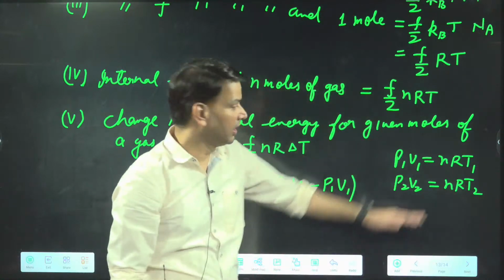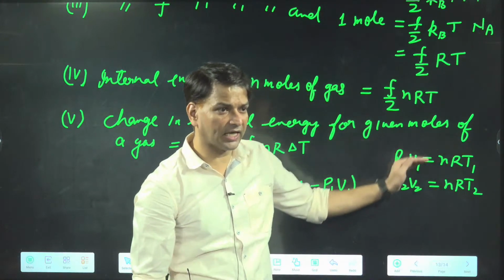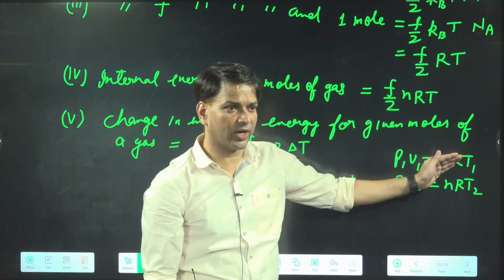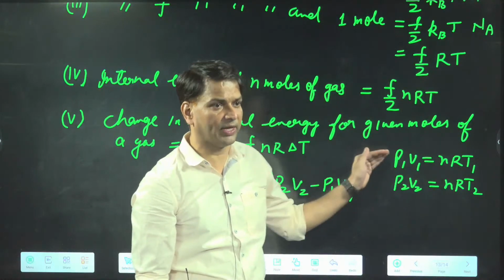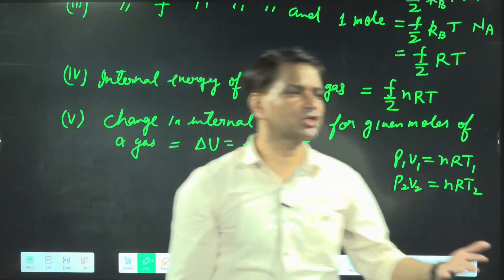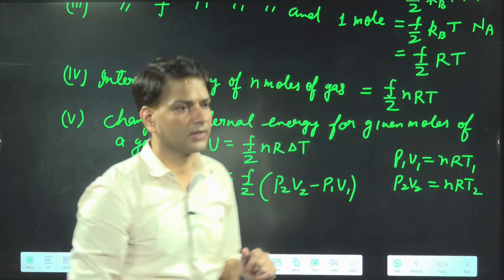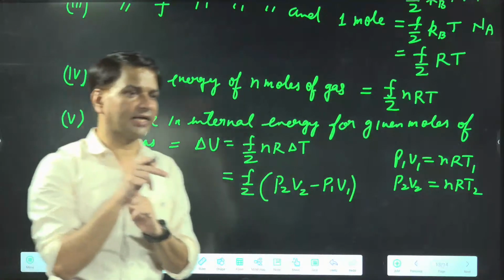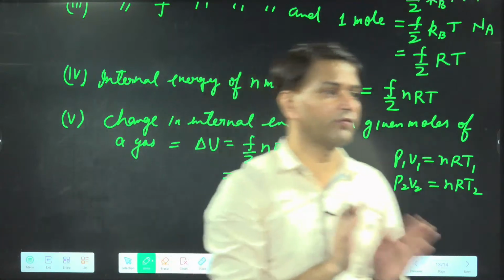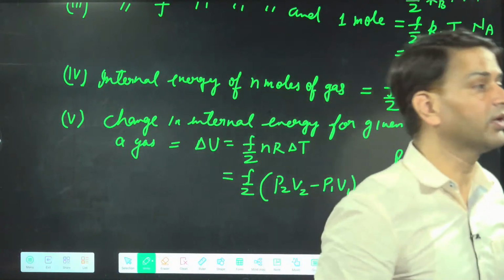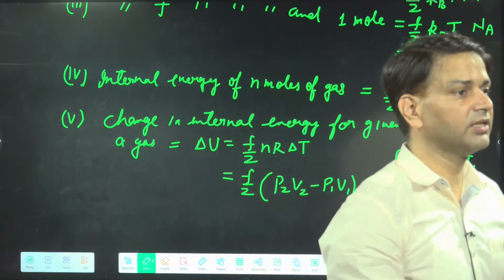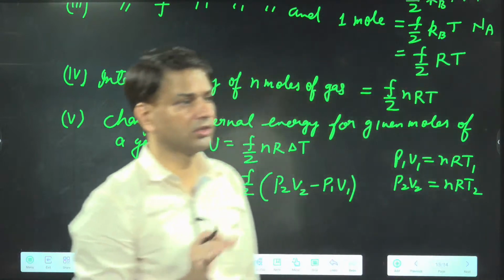Now subtract nR T2 minus nR T1. nR you can take common, T2 minus T1. So nR delta T is P2 V2 minus P1 V1. Now if pressure is constant, then P you can take common, and V2 minus V1 is delta V. So when pressure is constant, then I can write P delta V. Otherwise I will always use P2 V2 minus P1 V1 when we have to find the change in internal energy. Understood?